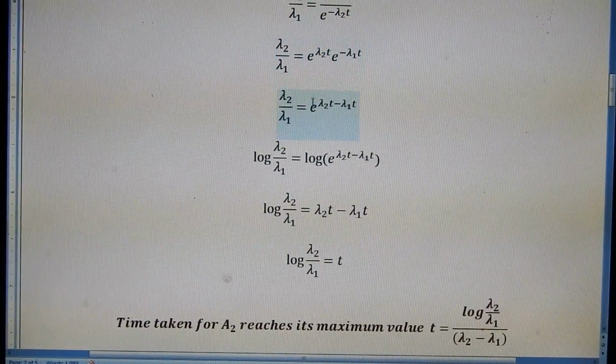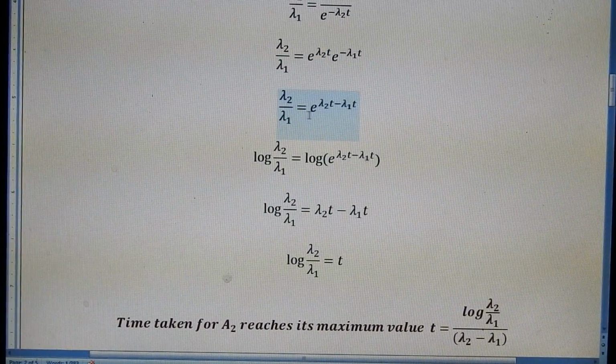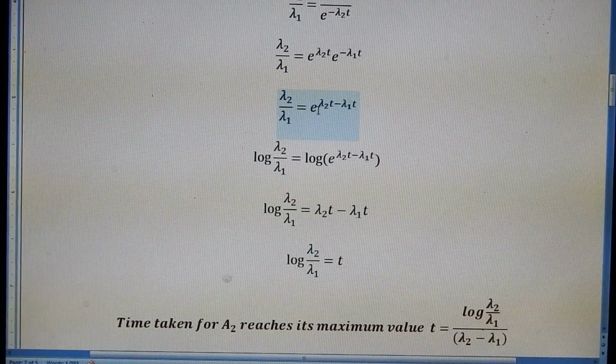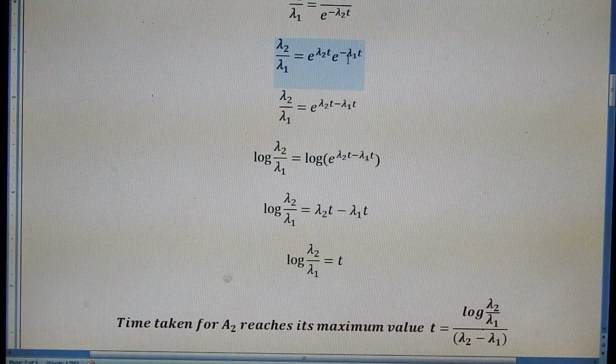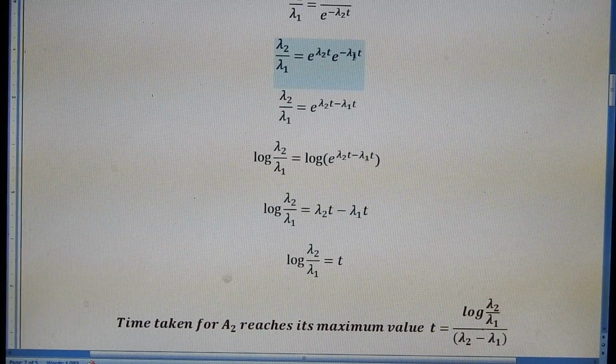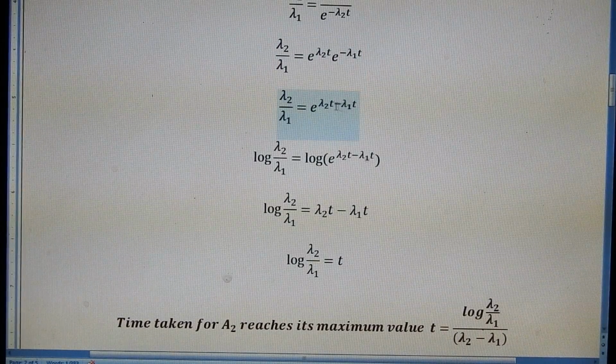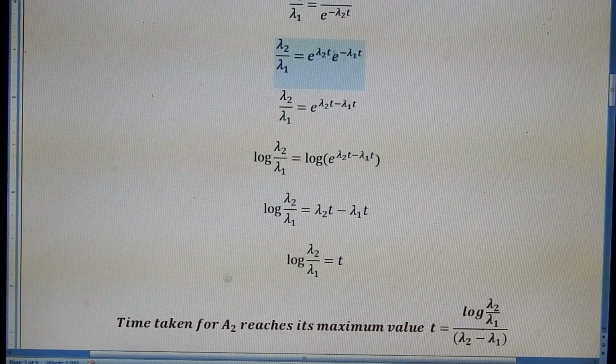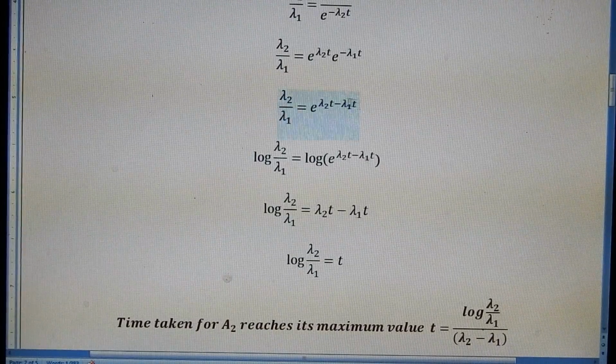Now lambda 2 by lambda 1 is equal to e power of lambda 2t minus lambda 1t, because the bases are the same and the powers are added.